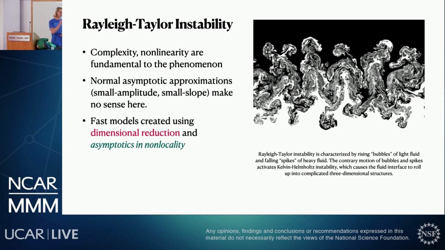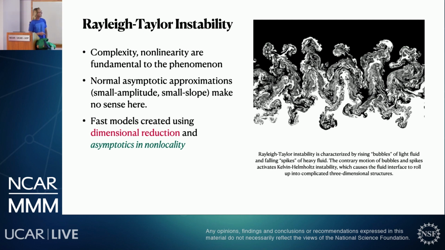So interfaces will be kept sharp. And in this class of problems of Rayleigh-Taylor type, when you have no viscosity that inhibits the small-scale formation, the more cells you add into your problem, you're going to get smaller and smaller small-scale structures forming. And I will also discuss how diffusion can be modeled.